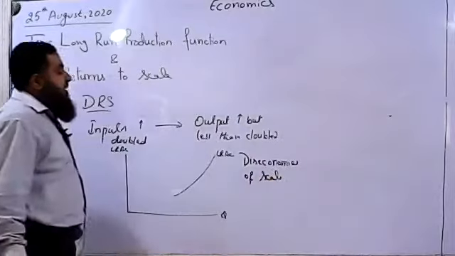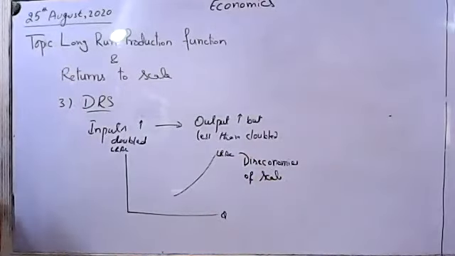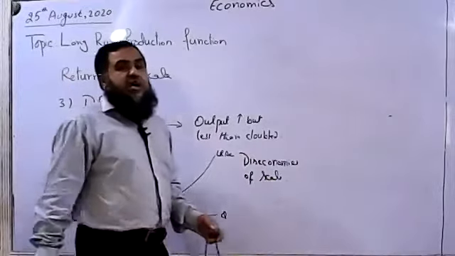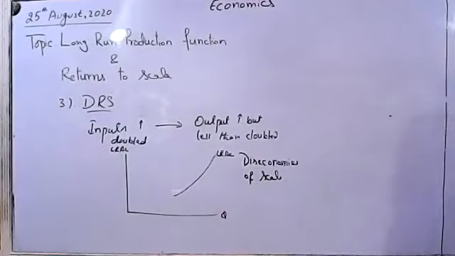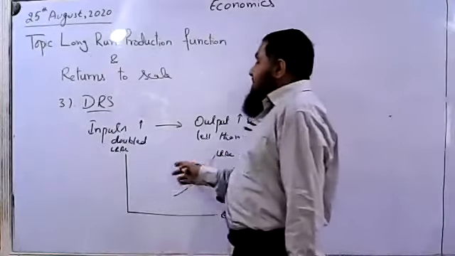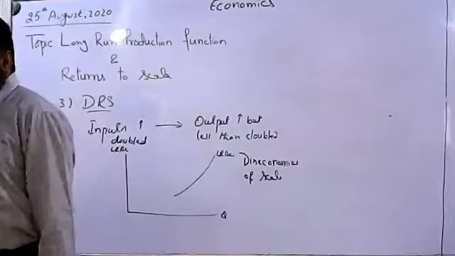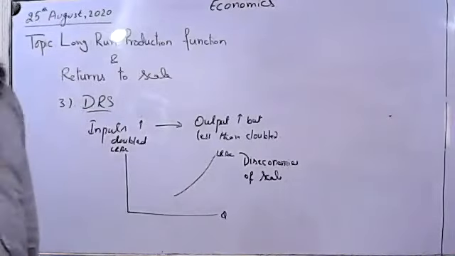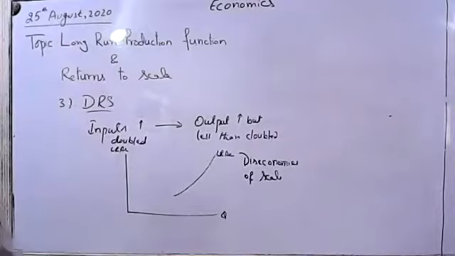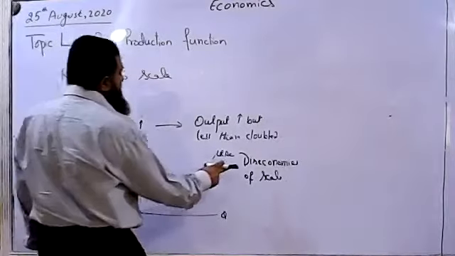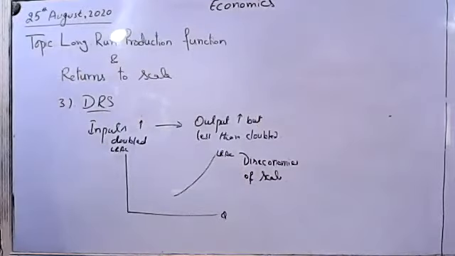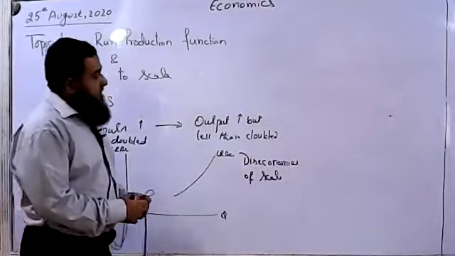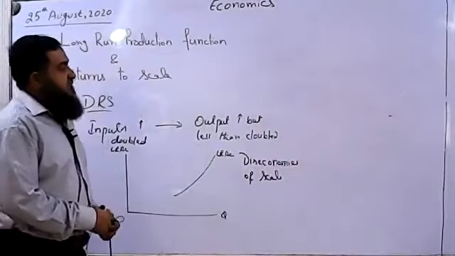It is not able to minimize its cost of production; rather, it is facing managerial problems in managing all those changes in the inputs in order to achieve efficiency. So in case of DRS, its long run average cost starts rising due to diseconomies of scale or managerial problems, because a larger firm is difficult to manage. So diseconomies of scale will be faced by this firm in the long run.